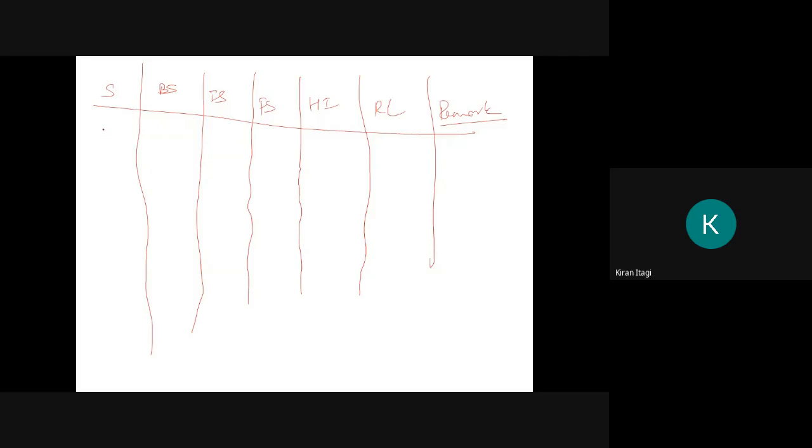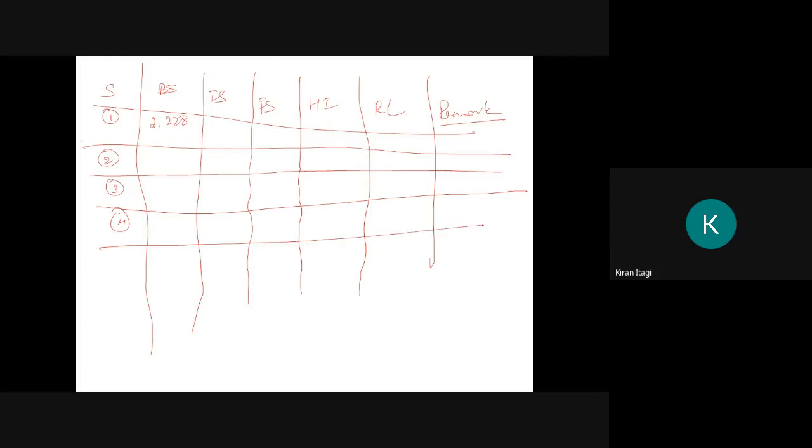Backsight, I will call this one station 1, 2.228. Then only we'll do the calculation, otherwise you will just keep on looking at the system.